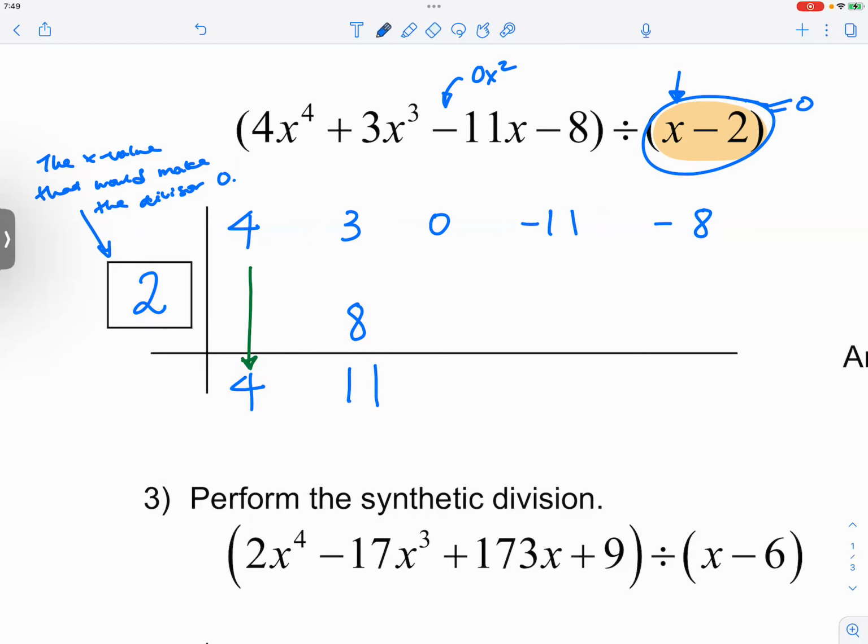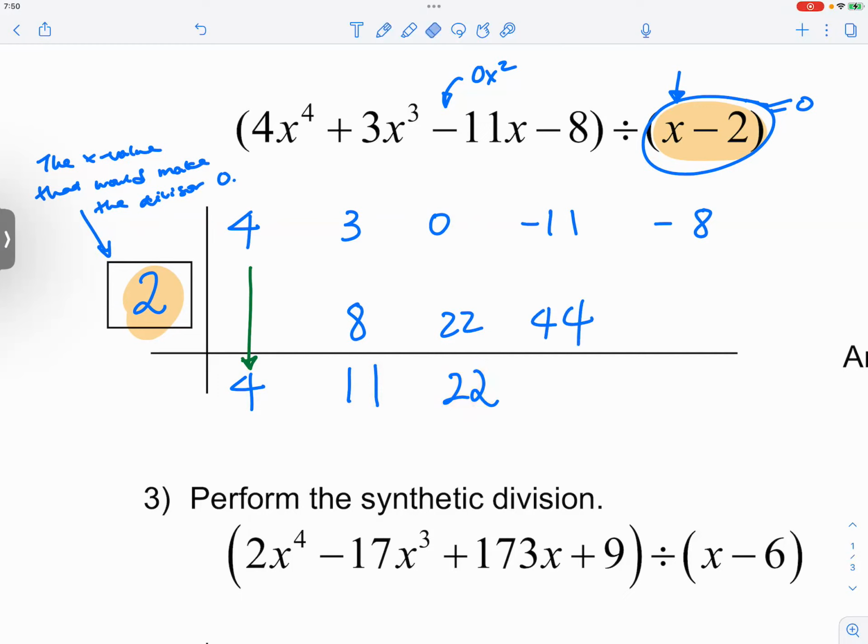And you repeat the same process. So 11 times 2 is 22. And then for these two numbers vertically, you will add. And then you repeat the process yet again. So we say 22 times 2 is 44.